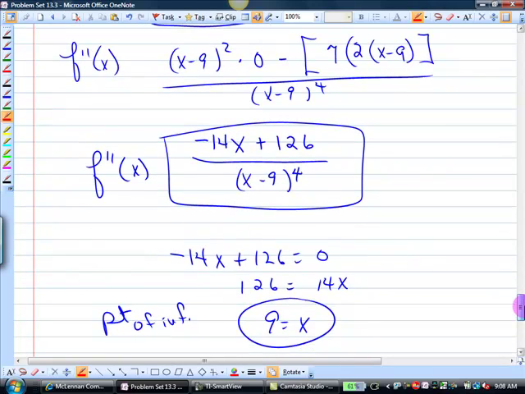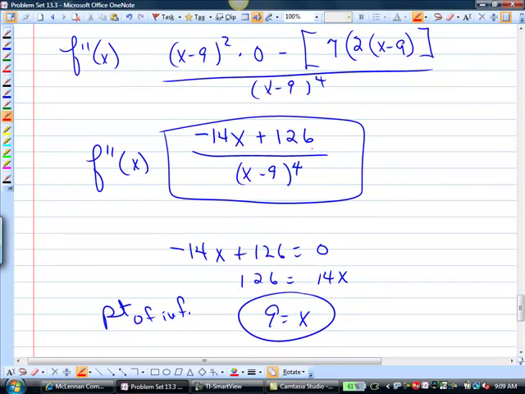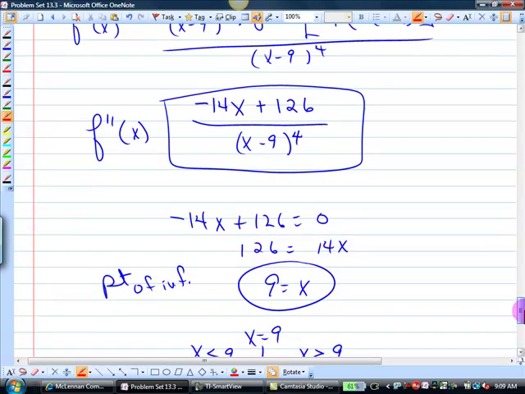All right, then you had to take this thing and set it equal to 0. And what happens to the bottom when you set it equal to 0? It multiplies to the other side, goes to 0, so you really have the top. Set it equal to 0, and it actually equals 9. It's a possible point of inflection.